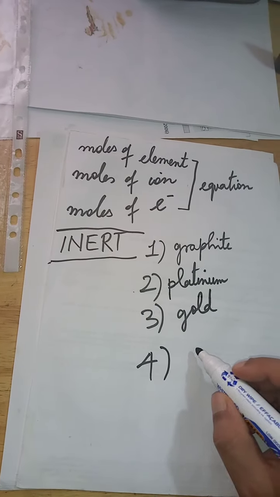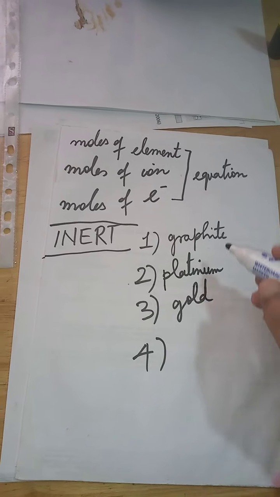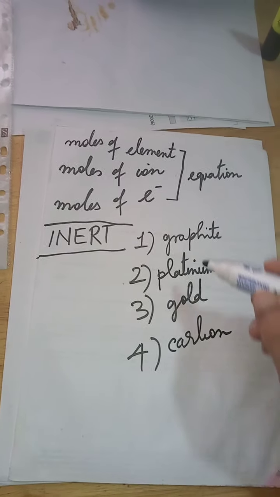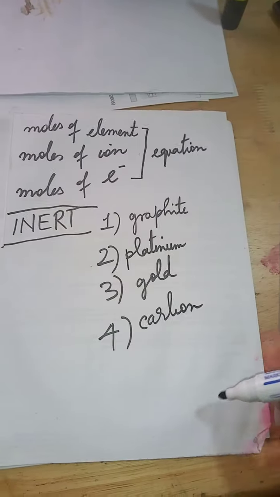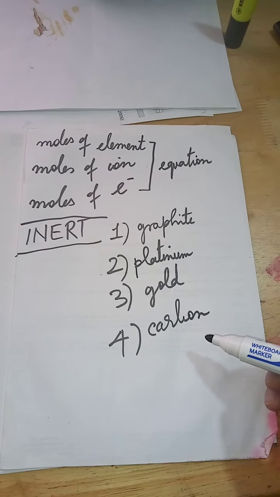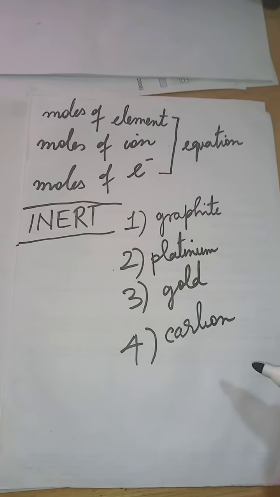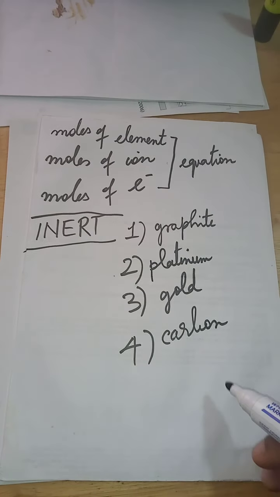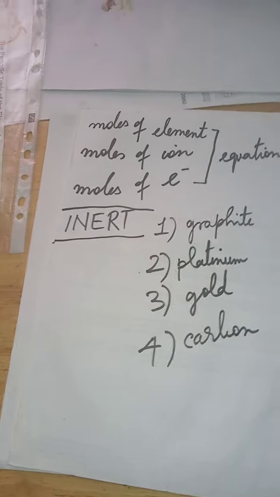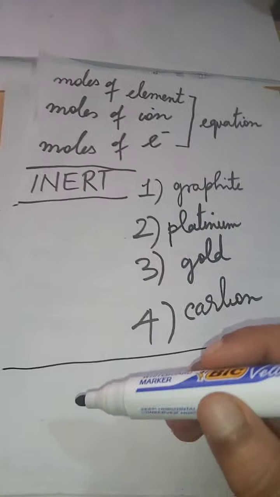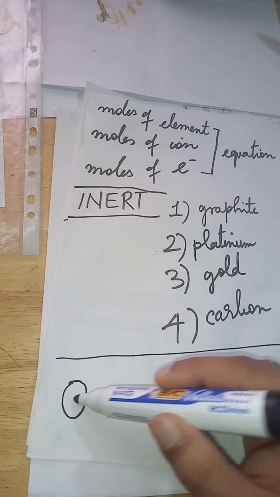And then you have carbon and gold, platinum, graphite. These are very popular electrodes that are used in the dissociative electrolysis of different ores, molten ores, aqueous salts, and what have you. So that's that.